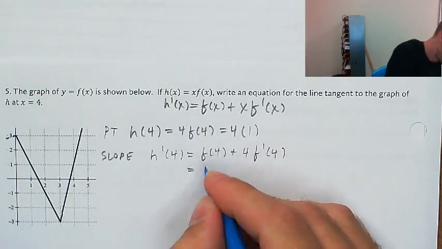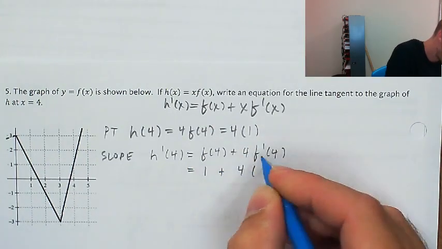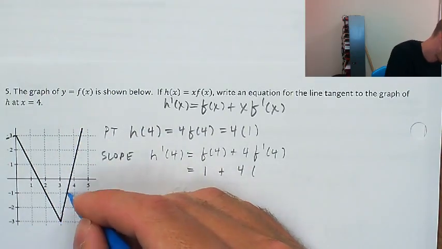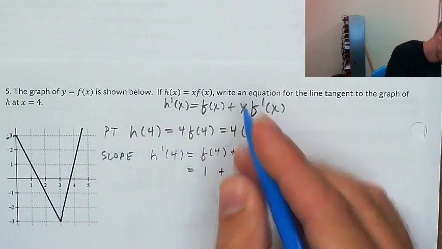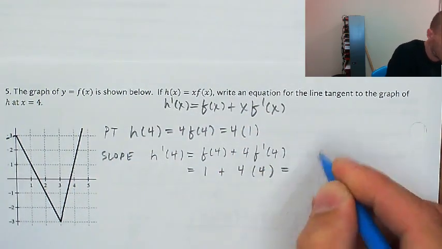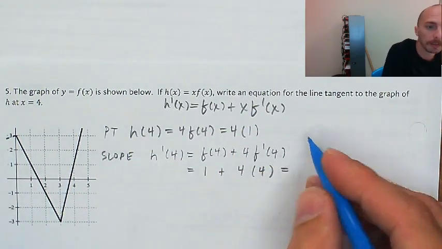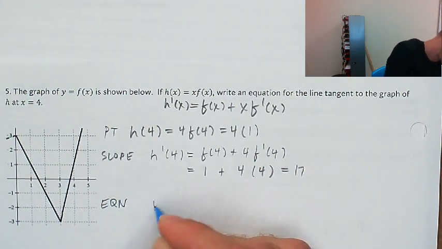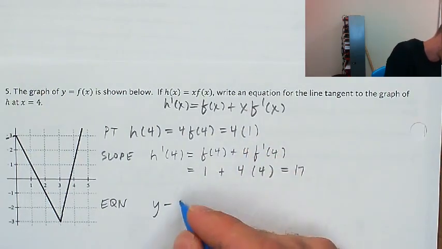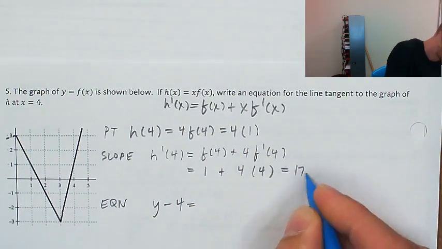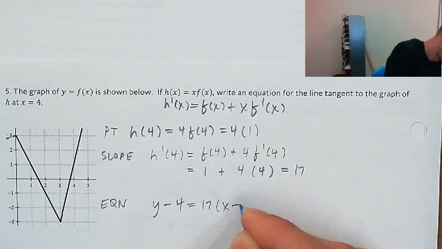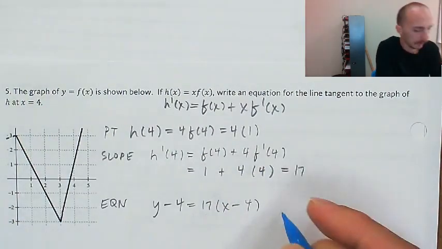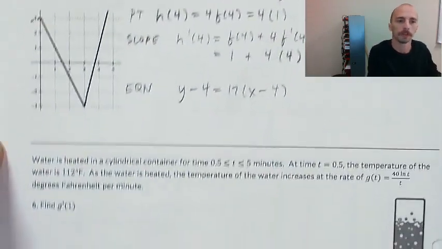So f of 4 is going to be 1 plus 4 times the slope of f at x equals 4. This is a line segment. It looks like the slope is 1, 2, 3, 4. Yeah. Okay, so that's looking like h prime of 4 is going to be 17. And then the equation is going to be y minus the y coordinate, which is h of 4, is equal to the slope times x minus the x coordinate, which they said was x equals 4. Now I've got an equation for my tangent line there.